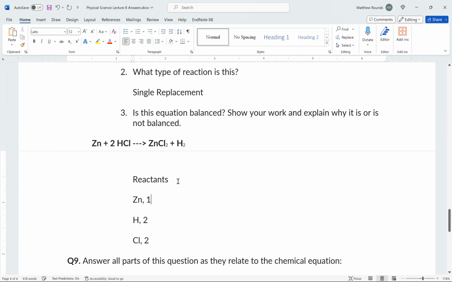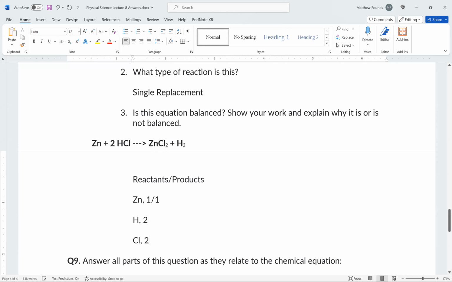Okay. Now on the product side, how many zincs do you see on the right here? Not a trick question. Maybe one.